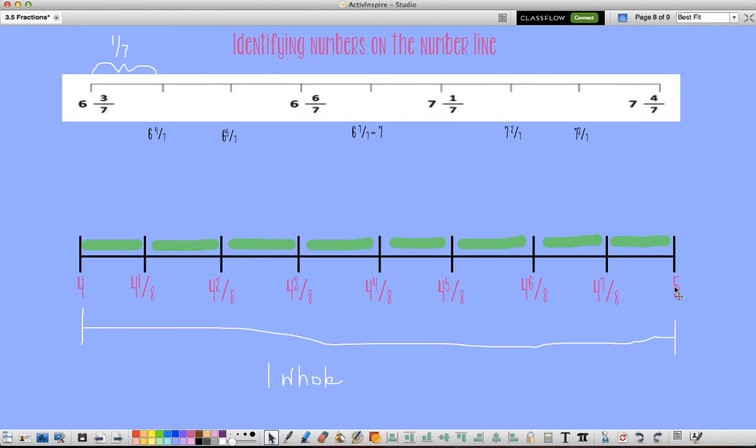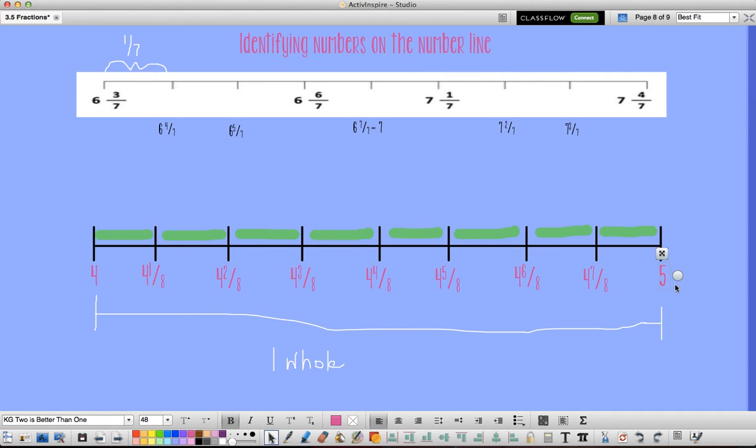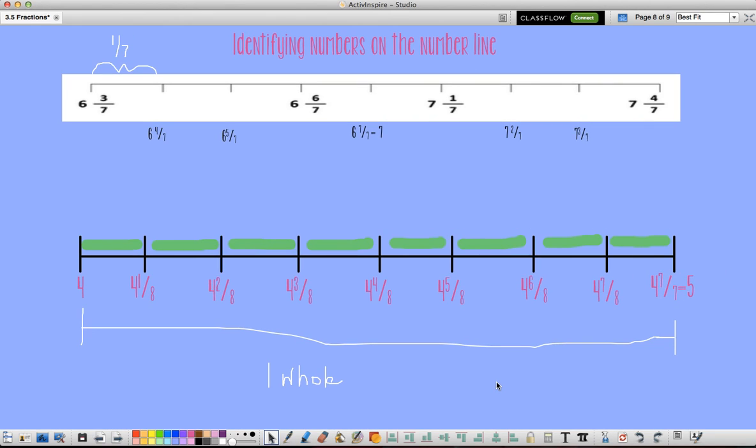Okay, so then here the 5 wouldn't just be 5, it could be written as 4 and 7/7, which we know is equal to 5. Okay, so if I gave you any number on the number line, you should be able to look at it and tell me what number it is.